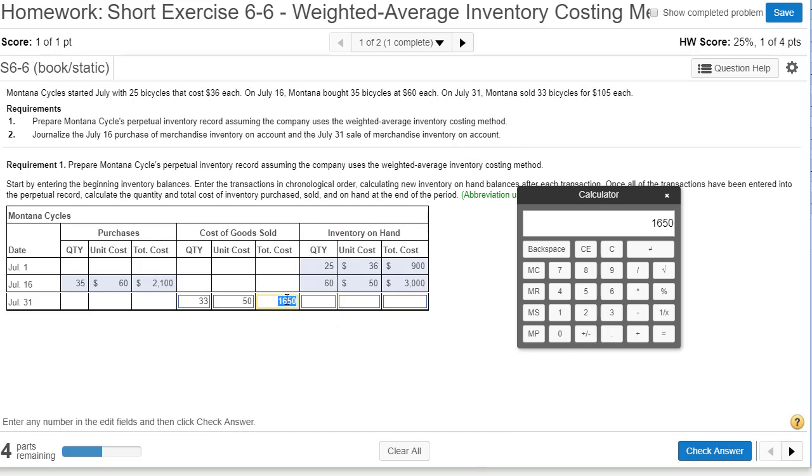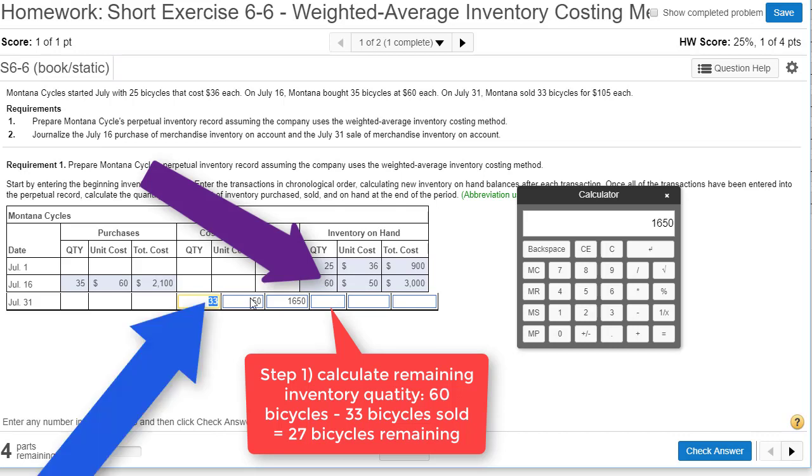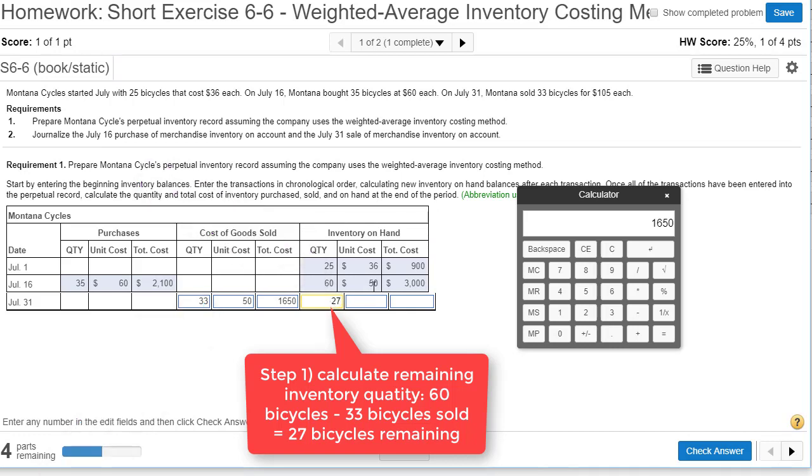Now we need to calculate our remaining inventory. So we're going to start with the quantity. We had 60. We sold 33. So to find out how many we have, we're just going to subtract those two. We have 27 bicycles remaining. And the average cost is still 50.